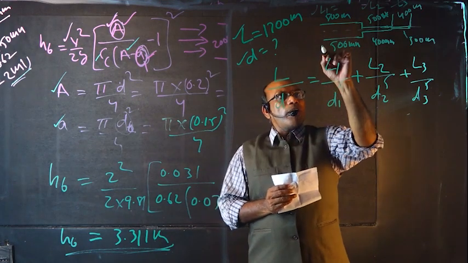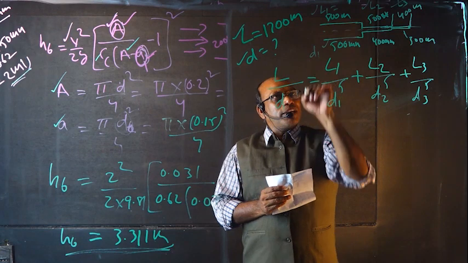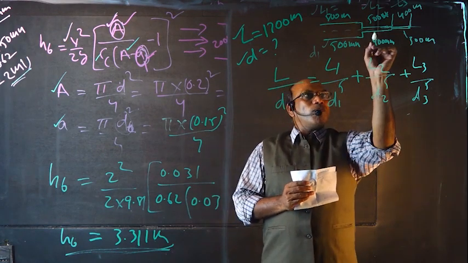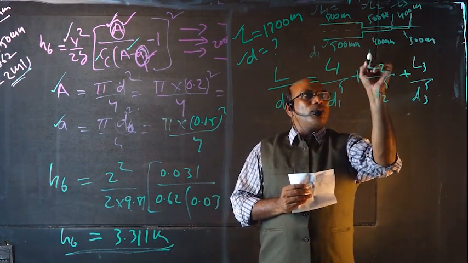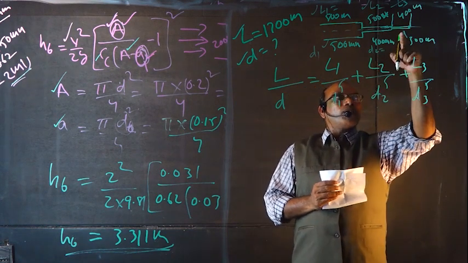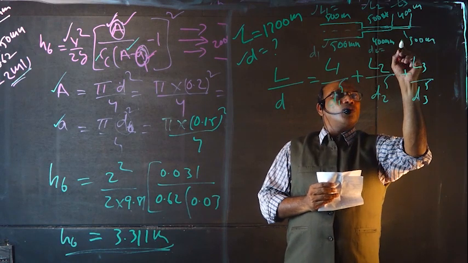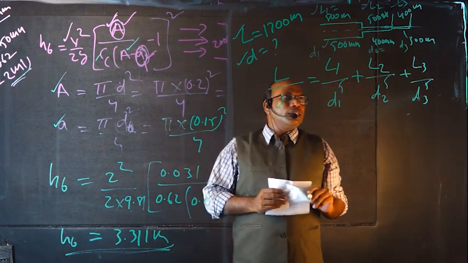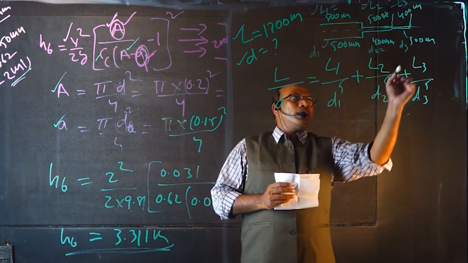Right, the diameter of pipe 1 is 500 mm, that is D1. The diameter of pipe 2 is 400 mm, that is D2. And the diameter of pipe 3 is D3 equal to 300 mm.